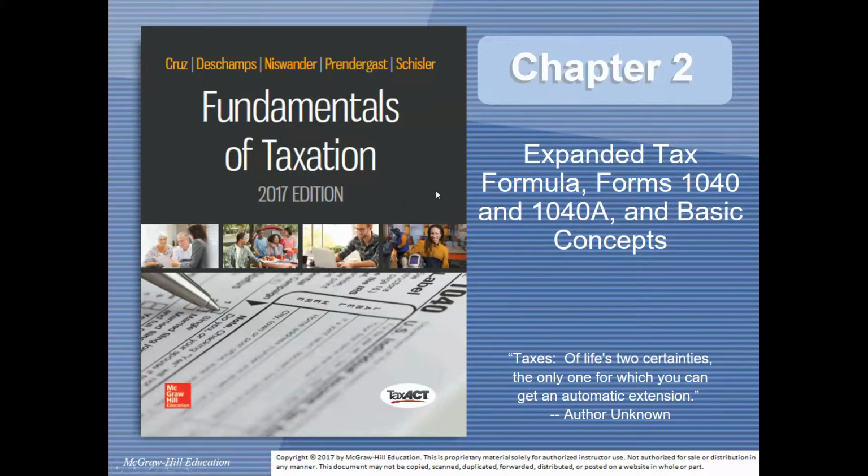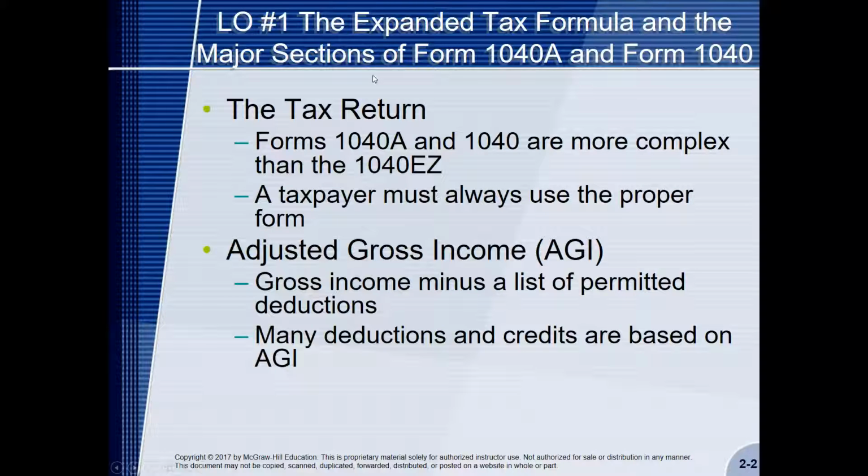that you need throughout this semester. Okay, so tax returns, 1040A, 1040, they're more complex than the 1040Z, which we did in chapter 1. Also, one of the main numbers that we're looking for in a tax form is your adjusted gross income.